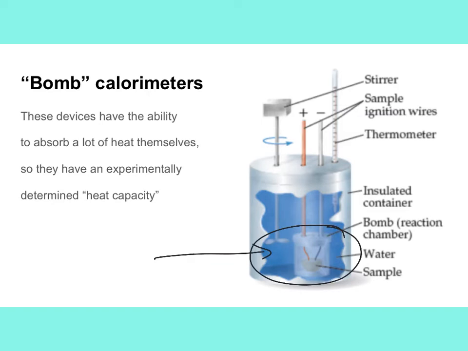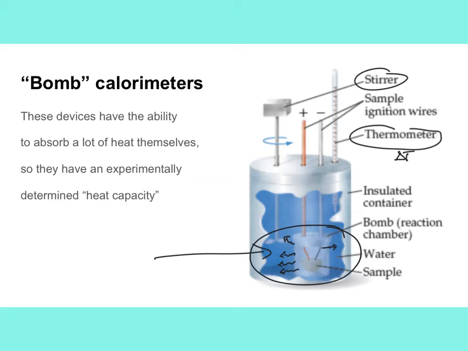It's not really a bomb, but it's burned in some oxygen very quickly. And so what happens is heat radiates out of this little chamber into the surrounding water, and the stirrer here rotates the water so the heat is absorbed evenly, and then the thermometer measures a delta T, and in this case the delta T is measured for the entire calorimeter.